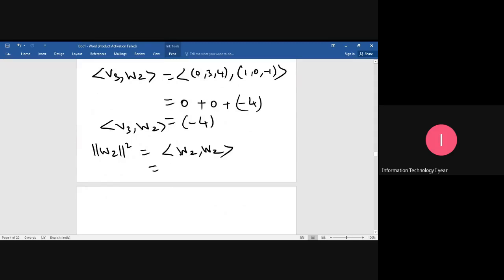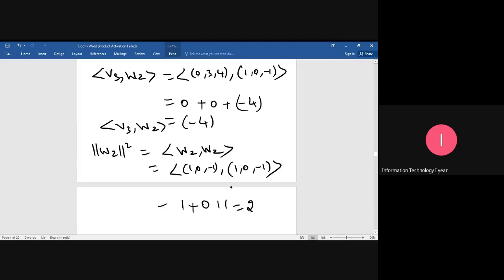So substitute the W2 value 1 comma 0 comma minus 1. Just now we have taken the W2 answer as 1, 0, minus 1. So the inner product of 1 comma 0 comma minus 1 with itself: 1 into 1, 1, plus 0 into 0, 0, minus 1 into minus 1, plus 1. It is 2. So the norm W2 square answer is 2.